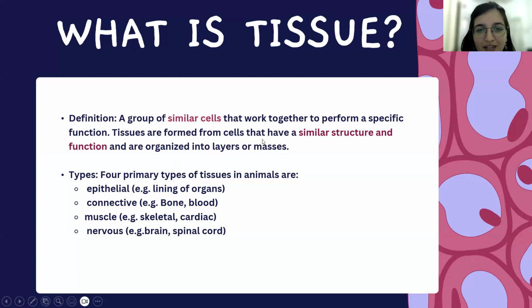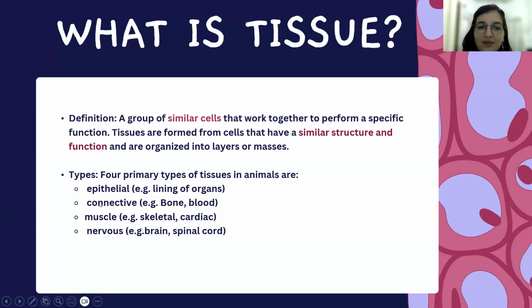So just always keep this in mind that a tissue is composed of similar cells that work together to perform a specific function. So in humans and in animals, we have 4 primary types of tissues. We have epithelial tissues, connective tissues, muscle tissues, and nervous tissues.